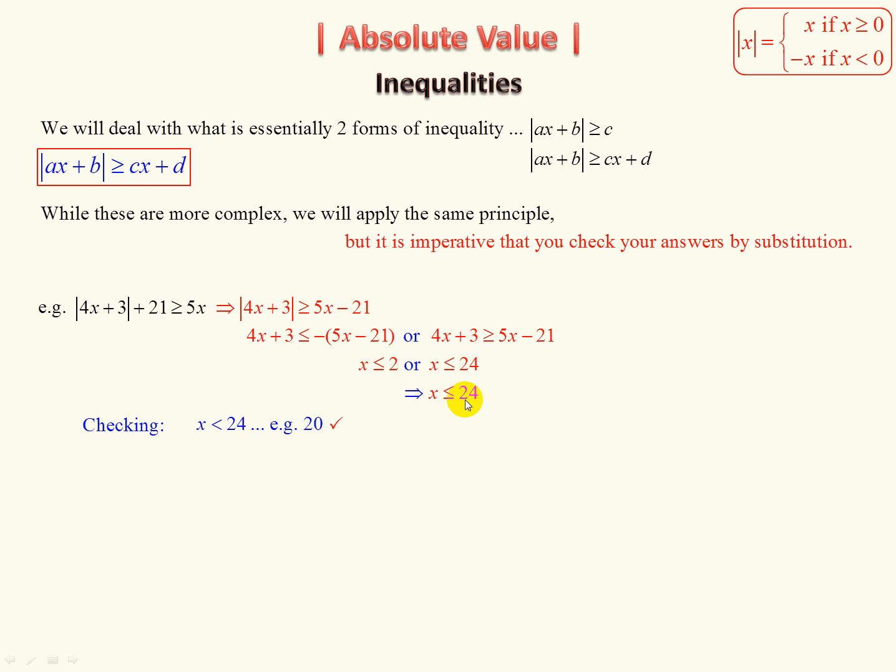But I'm going to check. Less than 24, for example 20. I substitute in there to make sure. Then I'm going to try greater than 24, like 30, and substitute in there. Definitely seems to work okay. So therefore, in fact, we know that that is our answer.